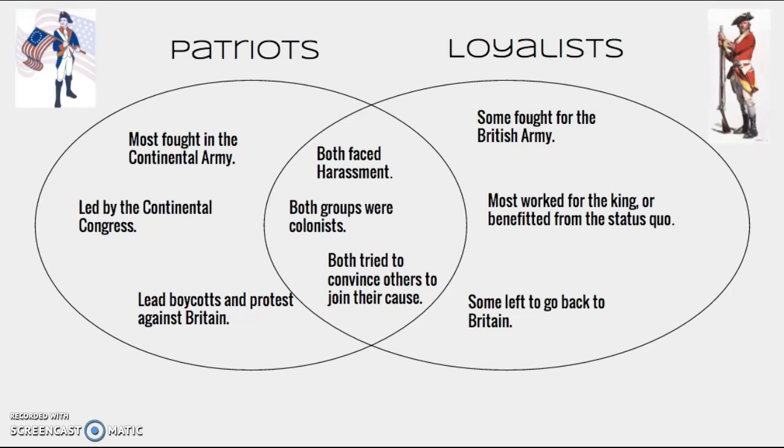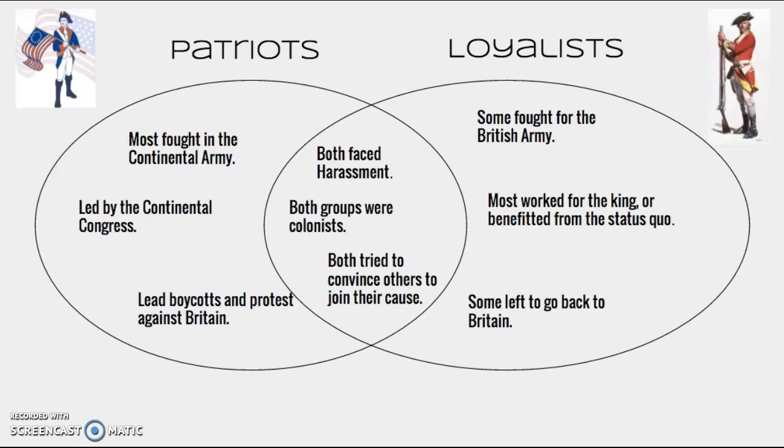So you got some Loyalists that fought for the British Army. Now, the reason why only some had to fight for the British Army was because a lot of the Loyalists that were in the colonies, they were the ones that kind of profited from a lot of the things that Britain was doing. Maybe they were British tax collectors, maybe they were royal governors, but they were loyalists nonetheless.